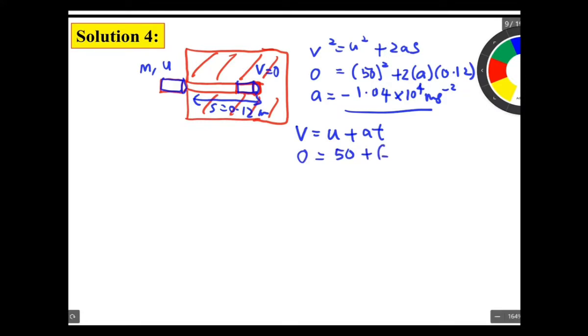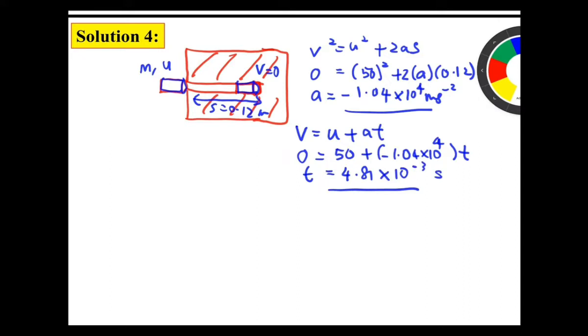Plus A kita negative 1.04 power of 4 and then T. So you get the answer T is equal to 4.81 power of negative 3 second. Time mesti positif. Kalau dapat negatif tu salah lah. Mesti ada substitute nilai yang salah. Okay, nilai time mesti positif.